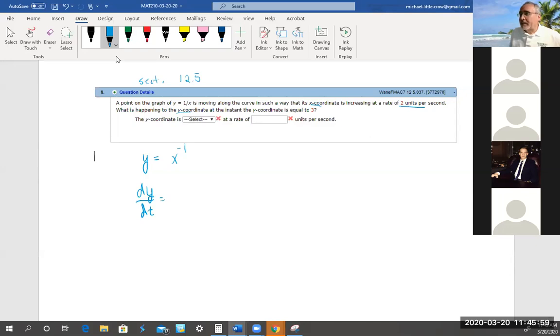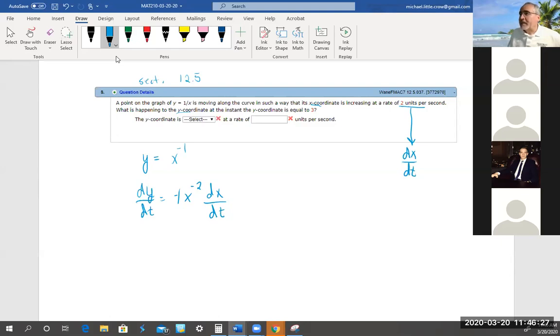The derivative of x to the negative 1, the negative 1 comes down. X, subtract 1 from it, becomes to the minus 2, and that's the derivative of x with respect to t, dx dt. Okay. X coordinate is increasing at a rate of 2 units per second, so this is dx dt, the rate of x.